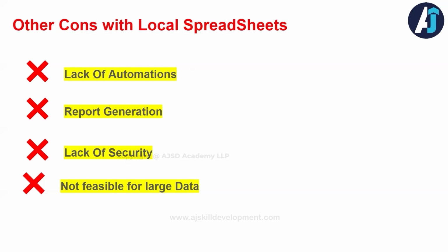Now to overcome these challenges, what is the next transformation they are going to make? We are going to see it in the next video. I hope in this video you got clarity on the transition the business made, how it has helped them, and what the disadvantages of using those spreadsheets are.